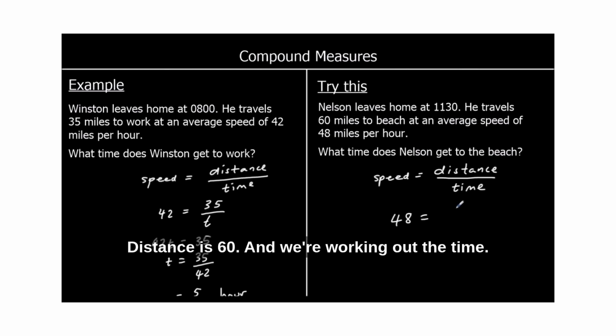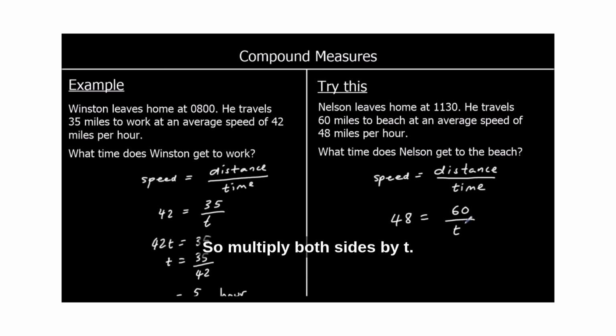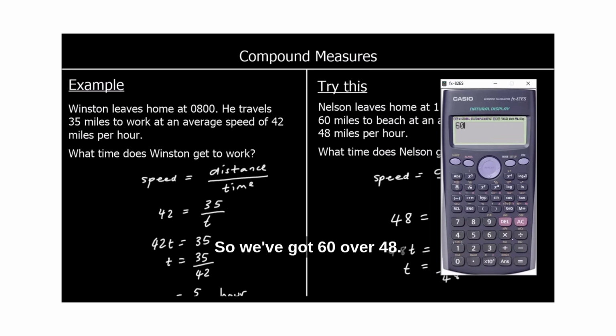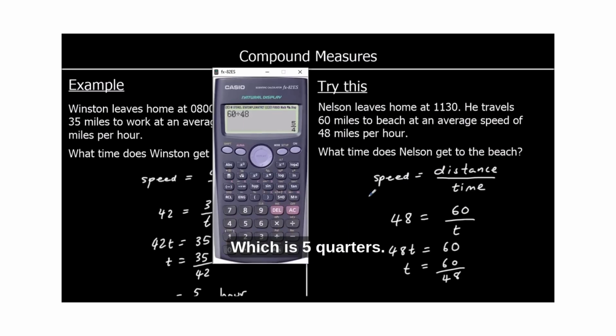Speed is 48, distance is 60, and we're working out the time. So multiply both sides by t to get rid of the fraction, and then divide both sides by 48 to get t by itself. So we've got 60 over 48, which is 5/4. Again, this is in hours, 5/4 of an hour.